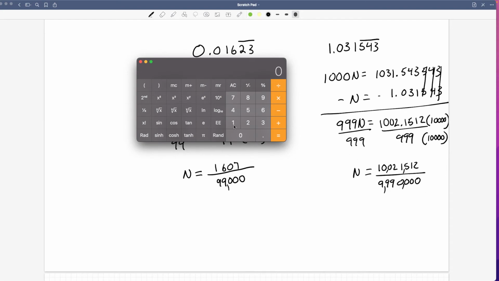Same thing over here. 1002,1512 divided by 999,1234. Same number. I missed a 0 when I wrote it down. It should have been 2 zeros.